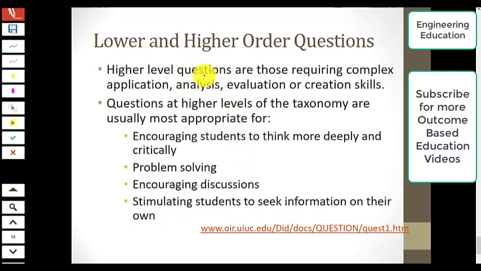High order thinking level questions are those requiring complex application, analysis, evaluation or creation skills.